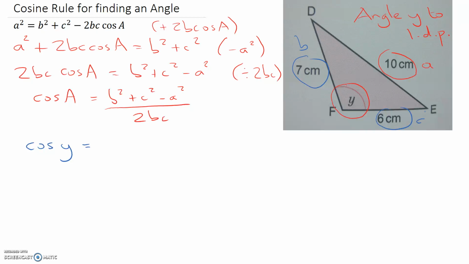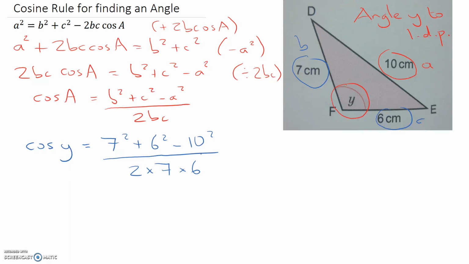So the cosine of angle y is equal to 7 squared plus 6 squared minus a squared, which is 10 squared, divided by 2 times b, which was 7, times c, which was 6.